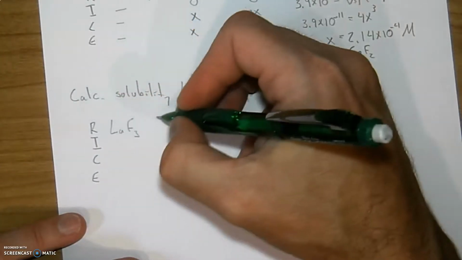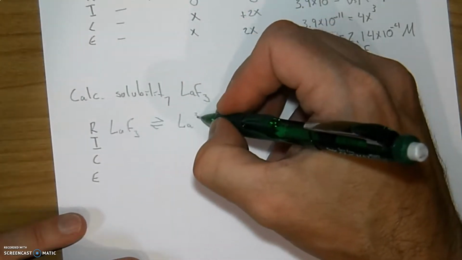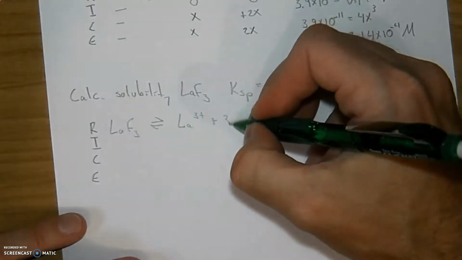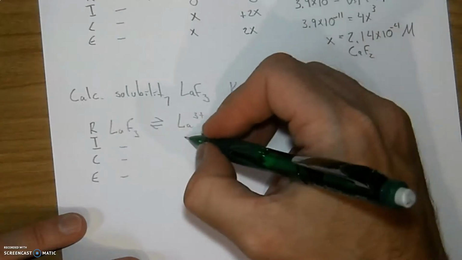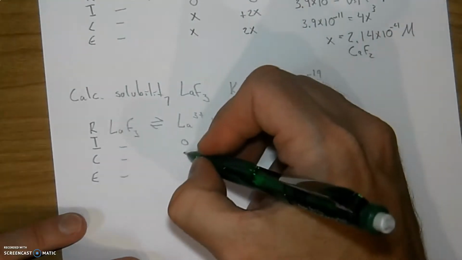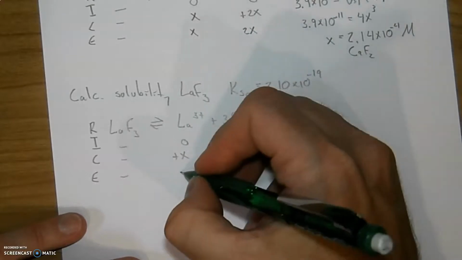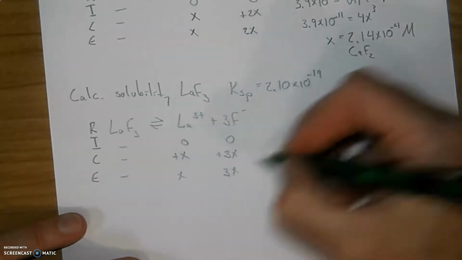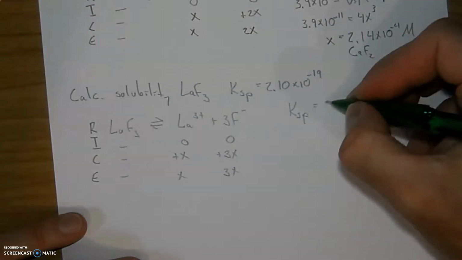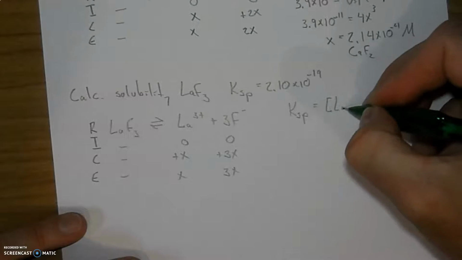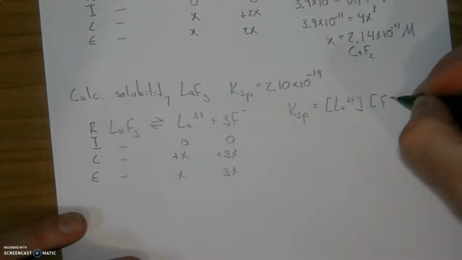So there's my equation, or formula. It is a 3-to-1 relationship. I can ignore this. 0 to start with, goes up by x, goes up by 3x, and just becomes this. If I do the Ksp for this, again, it's going to be lanthanum and fluoride.